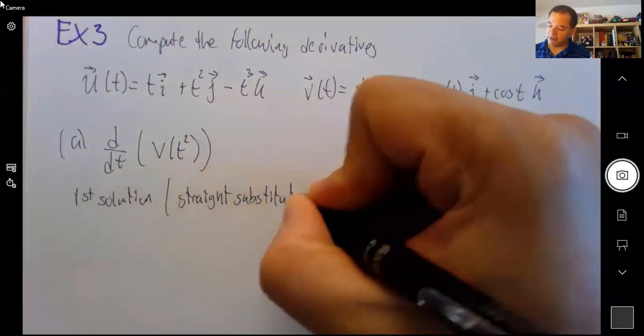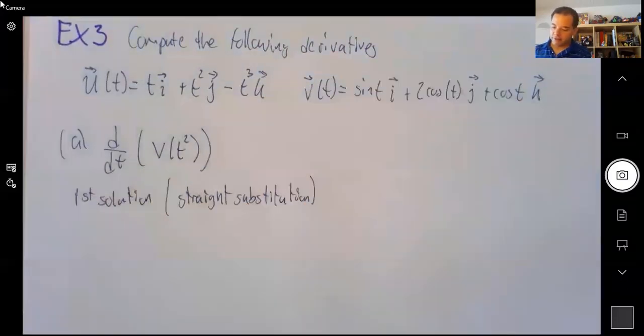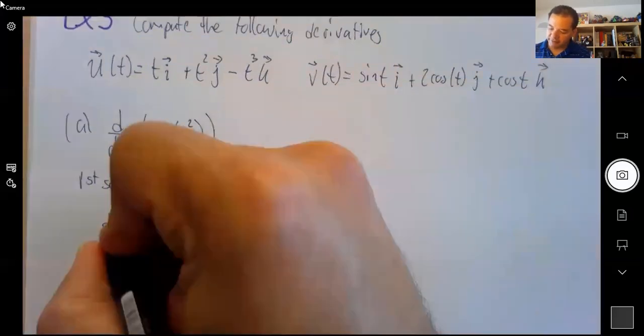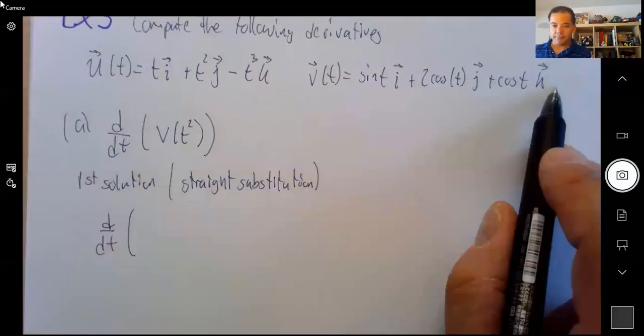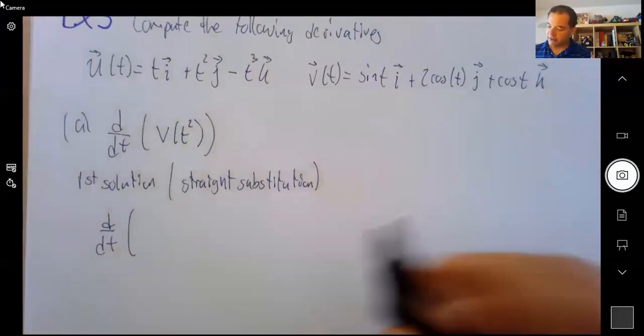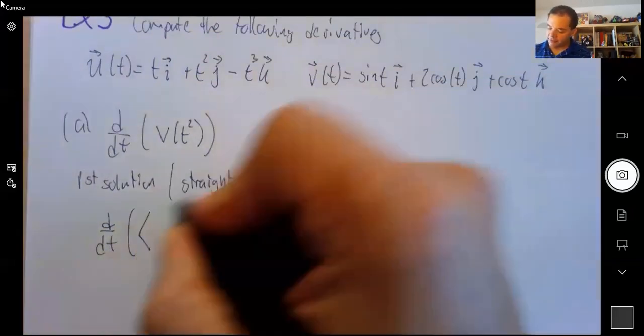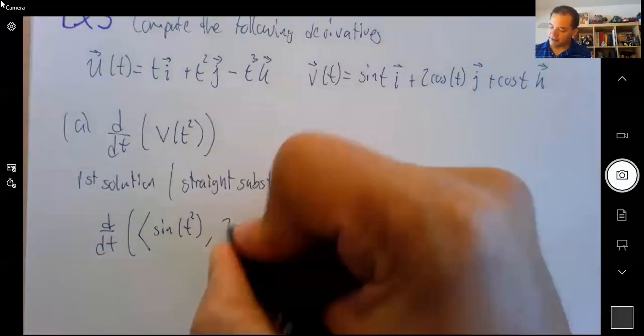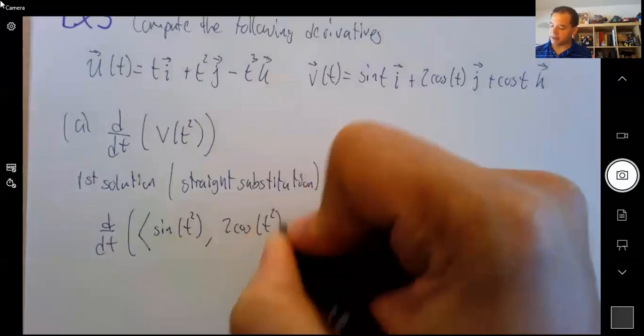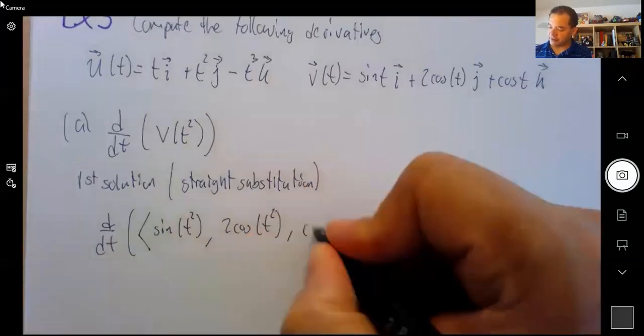This is probably the one you would think of doing first. So what is it that I mean by this? I mean plug t squared in here. So if you plug t squared, what do you get? You get sine of t squared, then 2 times cosine of t squared, and then cosine of t squared.